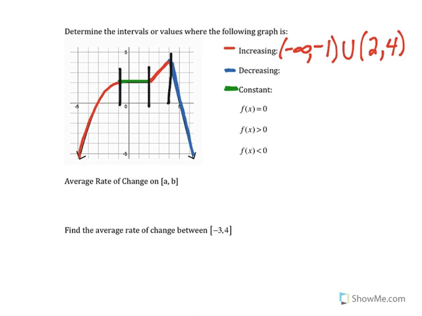Our decreasing interval is starting at 4 and going to infinity. There's only one of them. And then our constant interval, the green interval, is going from -1 to 2. So when you look at all your intervals, you want to see that the numbers there are matching up. You're going to be using the same numbers where one starts, the other one stops, and vice versa.